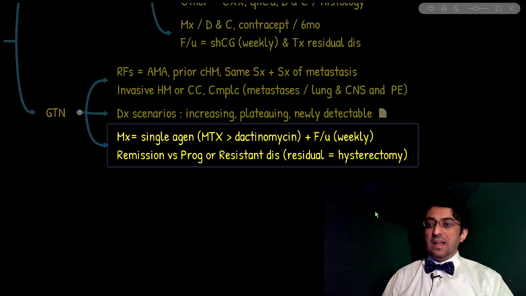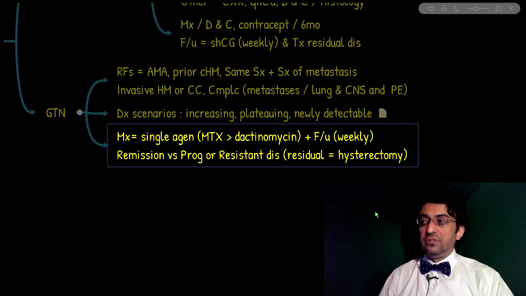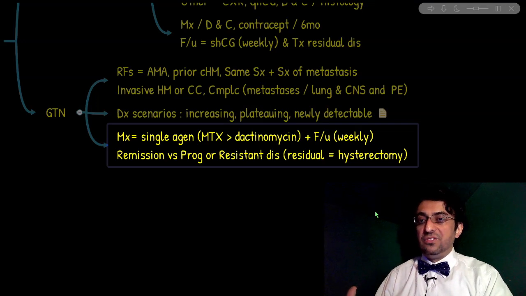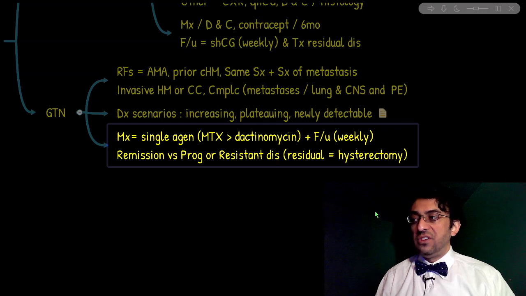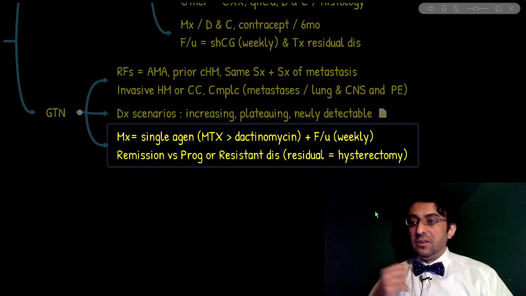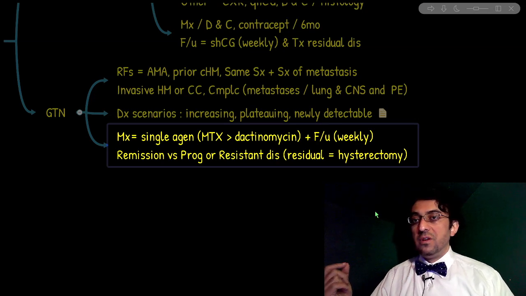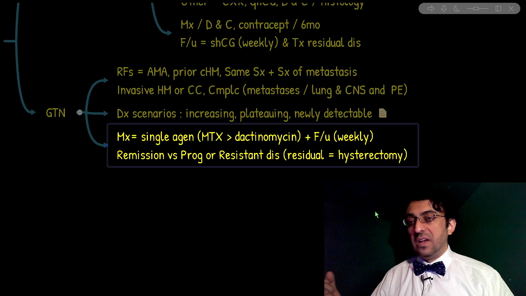The bilateral adnexal mass in a patient with gestational trophoblastic disease indicates theca lutein cyst, and the treatment of gestational trophoblastic disease would address the treatment of theca lutein cyst, and they will disappear after the successful treatment. Simply put, theca lutein cysts are present due to increased levels of beta HCG.